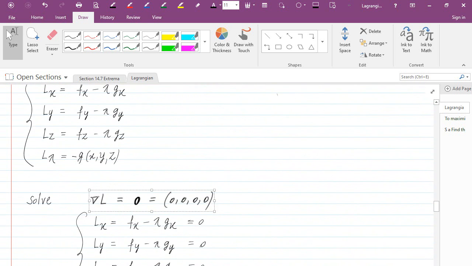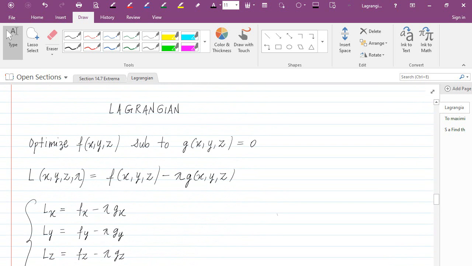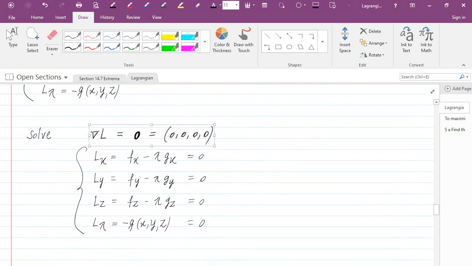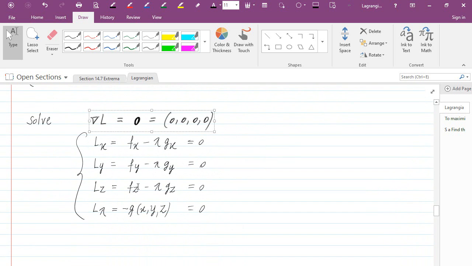So that means that if I want to solve this optimization problem here, all I have to do is solve this equation right here. And the good thing about this is it's pretty simple to state that the gradient of L is equal to 0 instead of saying this.